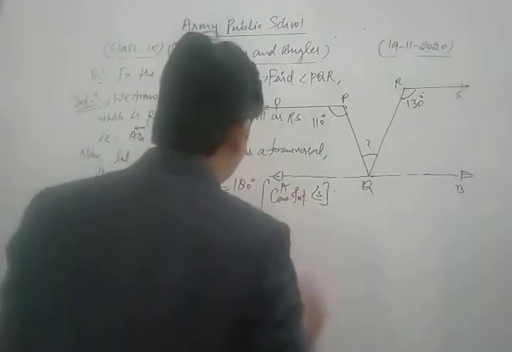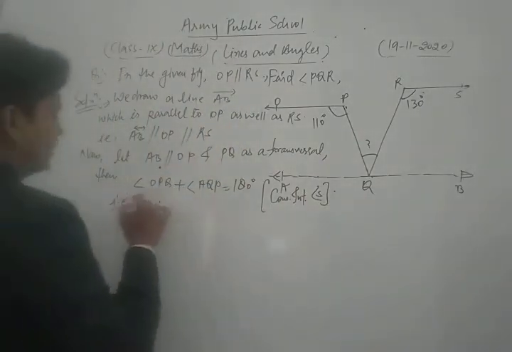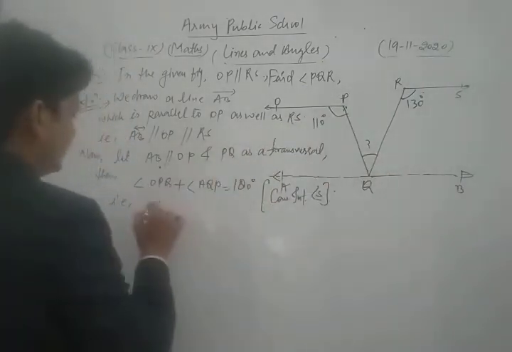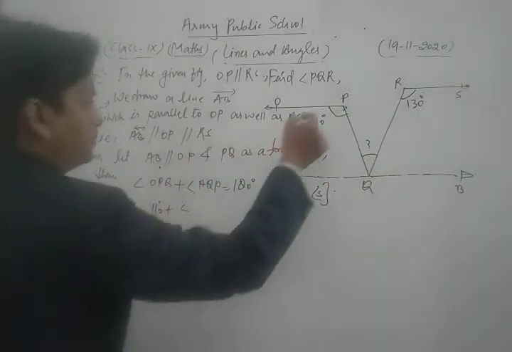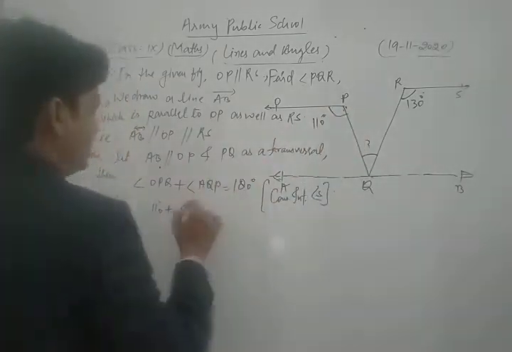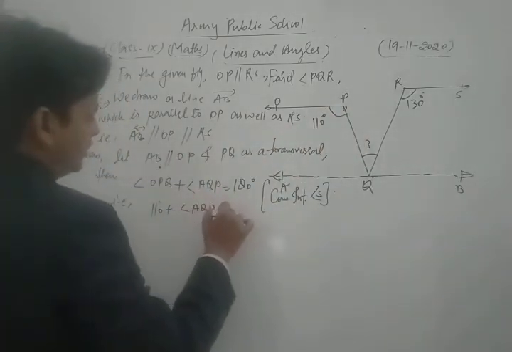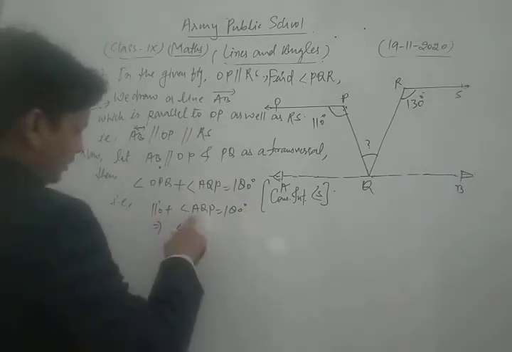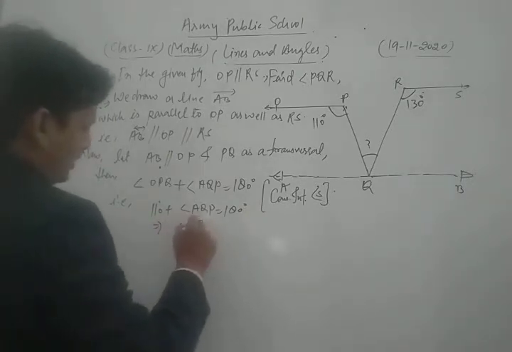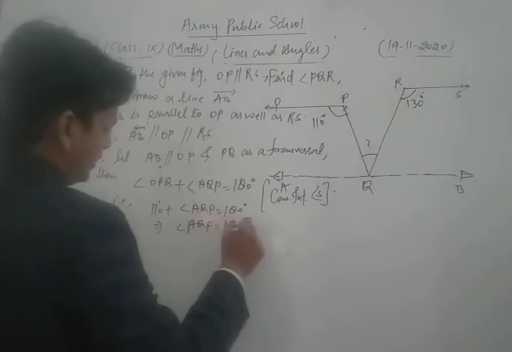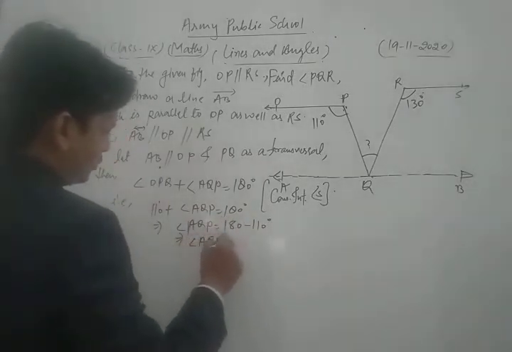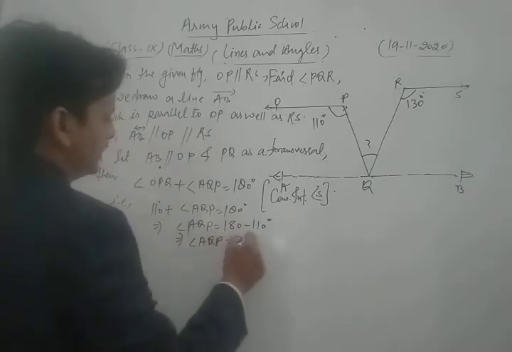So these are the consecutive interior angles. Now angle OPQ is 110, plus angle AQP, we find that equal to 180. So angle AQP is equal to 180 minus 110, that is angle AQP is equal to 70 degree.